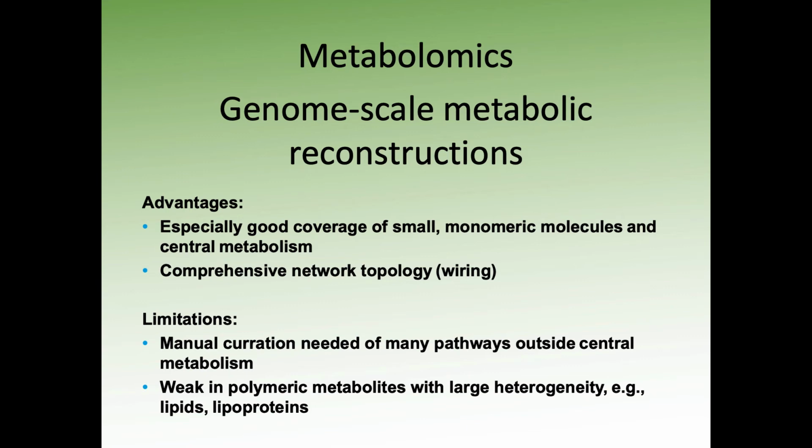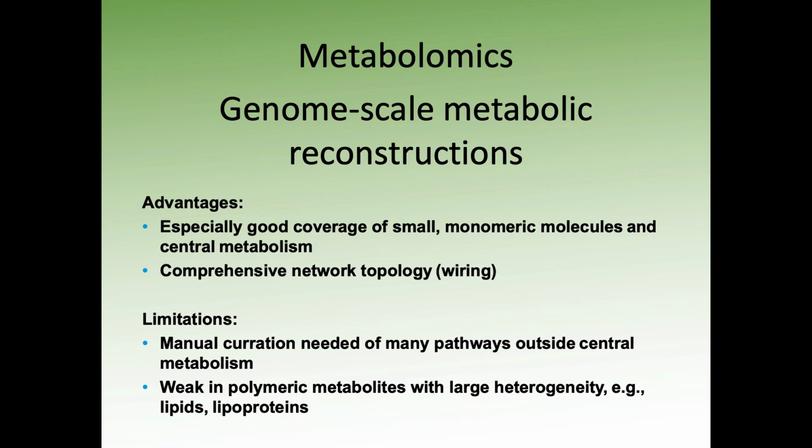One of them is that if you're going to do this right, you probably need to do a fair amount of manual curation in order to create the pathways, especially those outside the central metabolism, which could be really important to what you're interested in.